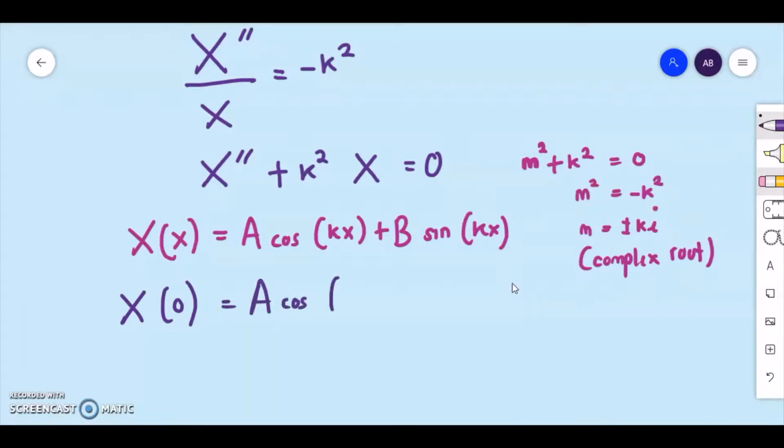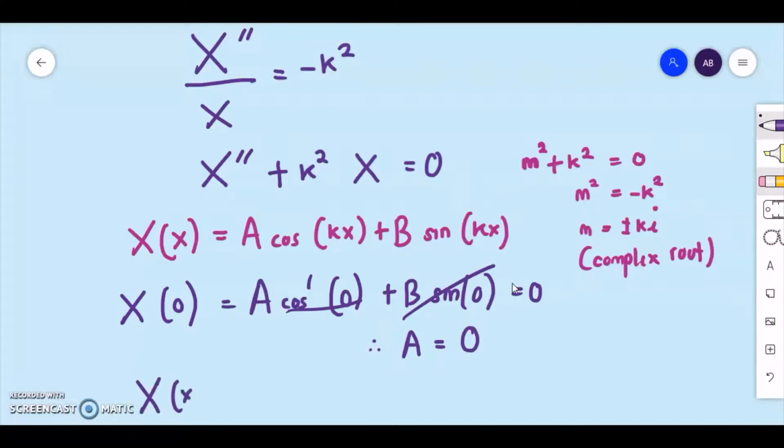So we have A cos 0 plus B sine 0 equals 0. So this is 0, this is 1. So A equals 0. Okay, that gives me the next solution: B sine, not hyperbolic sine, B sine kappa x.